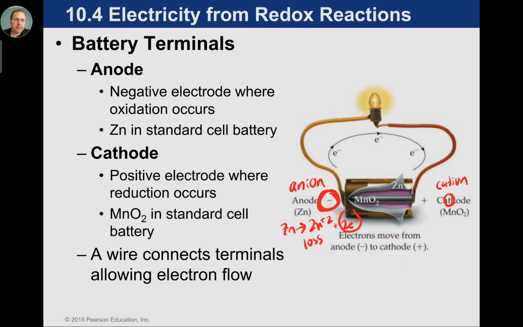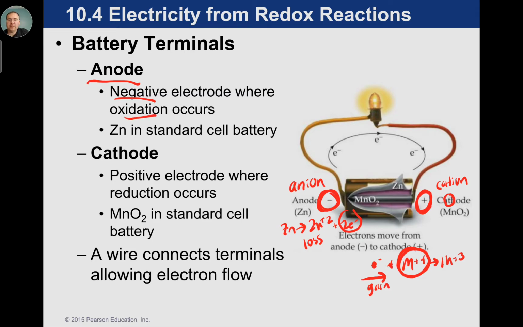Over here we had manganese +4 go to manganese +3 by gaining electrons. So if electrons are coming in, it's because you're already positive, therefore you're going to be positive on the battery. And that's a gain.